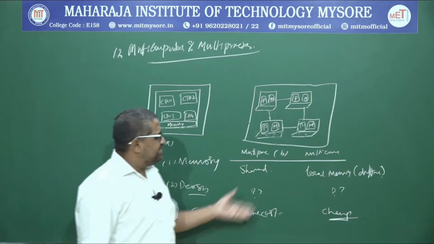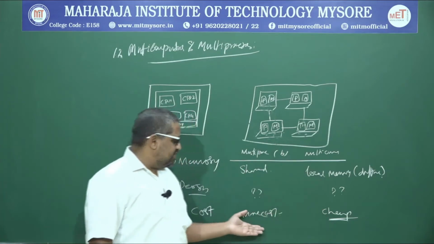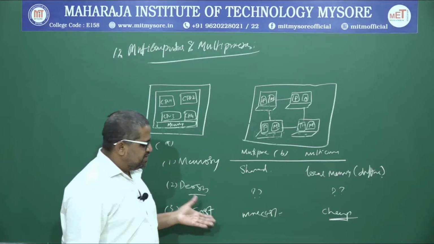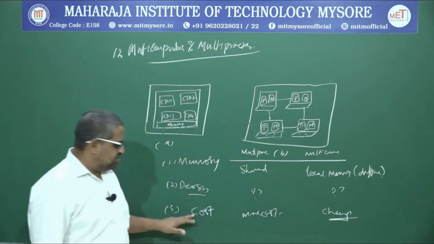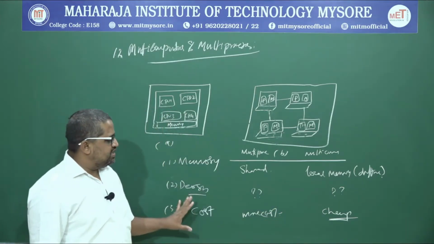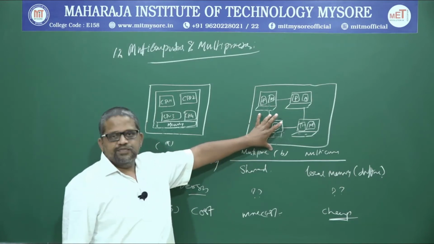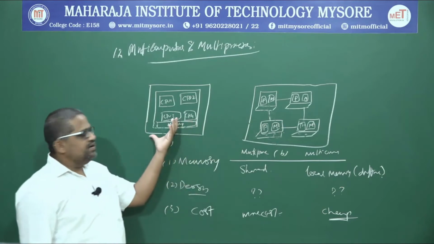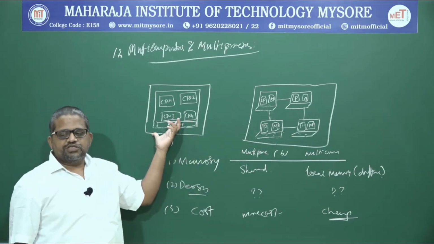Comparatively the cost for fabricating this is less when compared with this, and I believe that this may not be a parameter, but we as Indians are very much concerned about the paisa cost. So, I am going to say that comparatively multi computers are far cheaper for fabrication than multi processors.